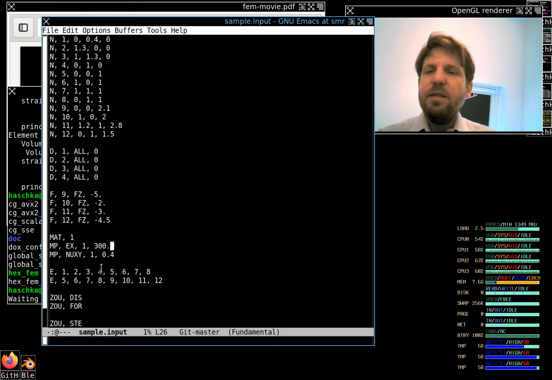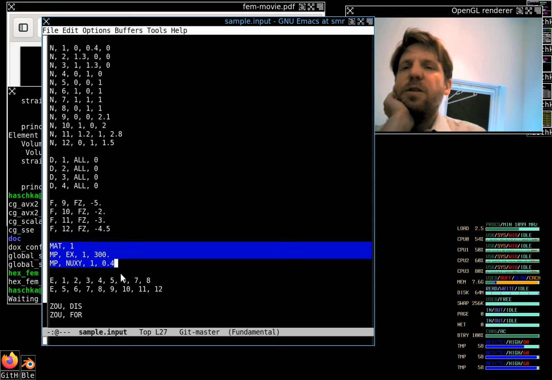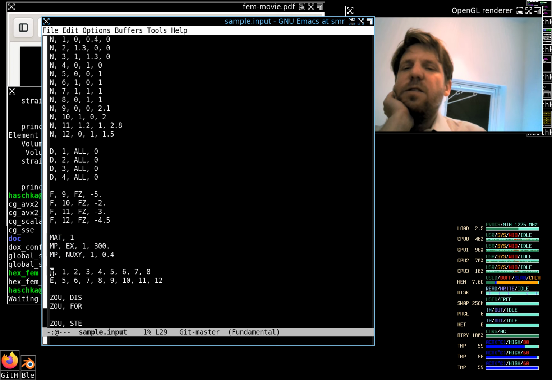And then, for the materials, this has to be above the element here, because it will be used for the elements that are succeeding here. And how does the element look? How do I define an element? As I said, we have all the nodes up here, and for the element you just type E and then you type 8 points.